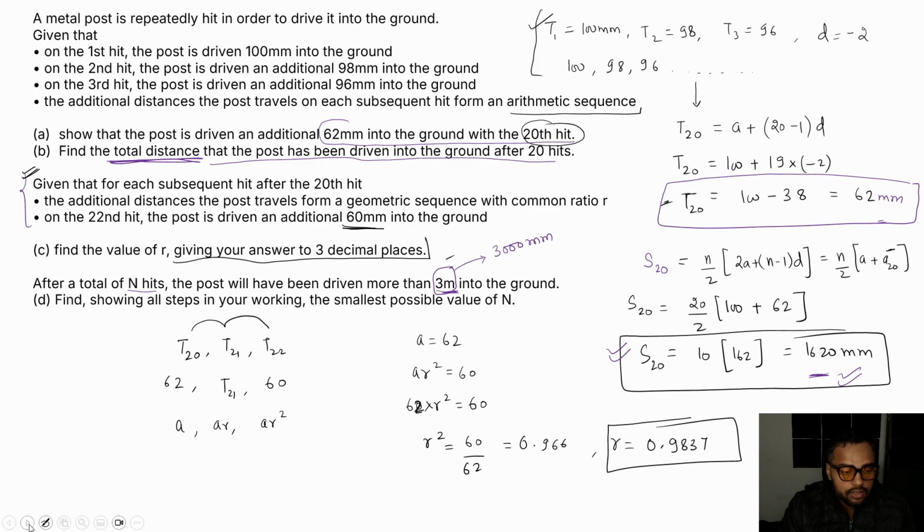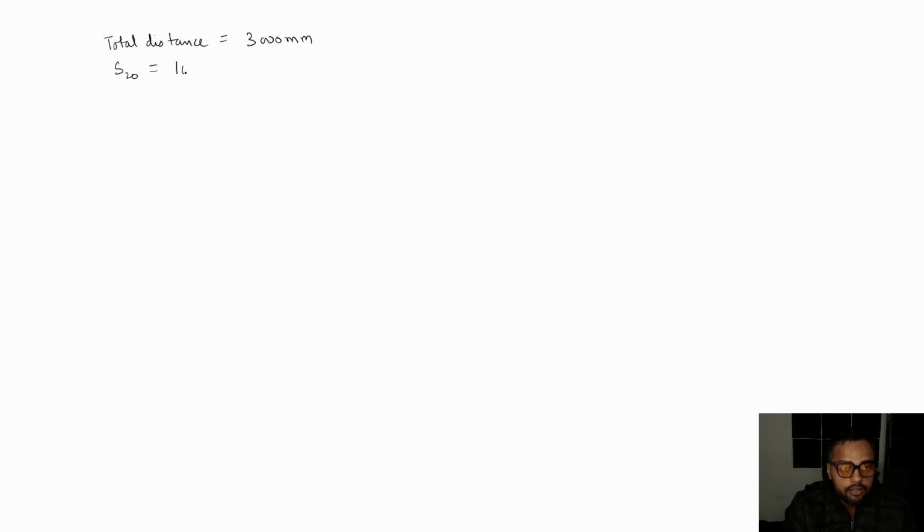The total distance, according to the question, is 3 meters, which equals 3000 millimeters. And S20, which we have calculated, was 1620 millimeters.